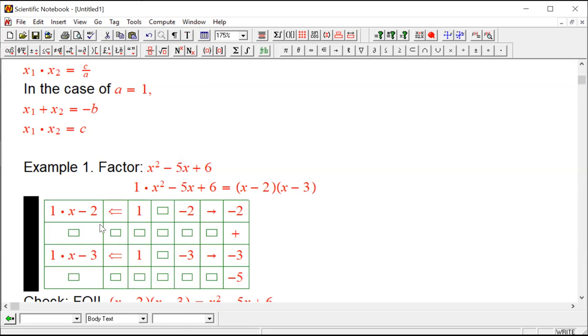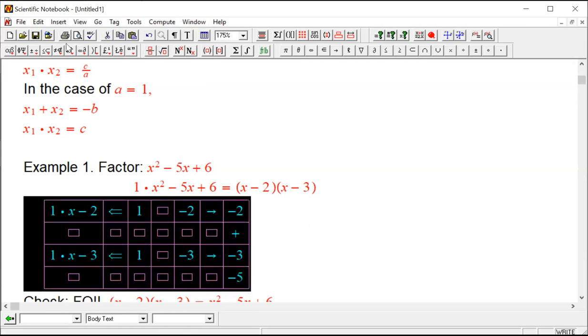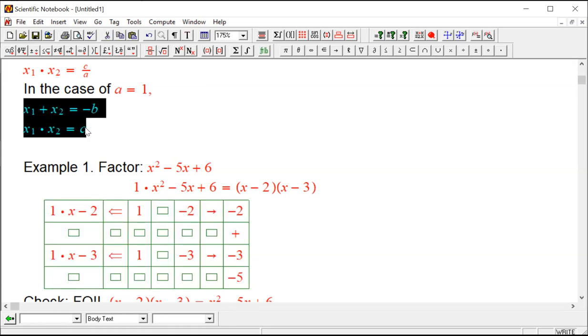So this simple method of factoring is really inspired by this observation. This is where the method originated.